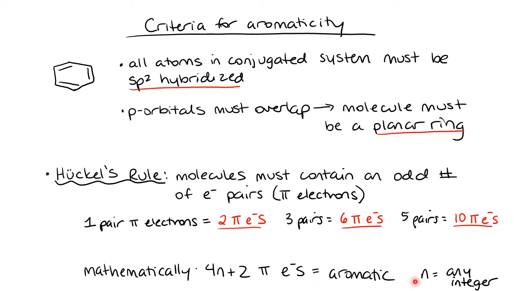So if you were to insert the number 100 into this formula, 4 times 100 plus 2 would mean that a compound that has all sp2 hybridized atoms, is a planar ring, and has 402 pi electrons can be considered aromatic. So this formula is just helping us determine which numbers of pi electrons we can possibly use for an aromatic compound.